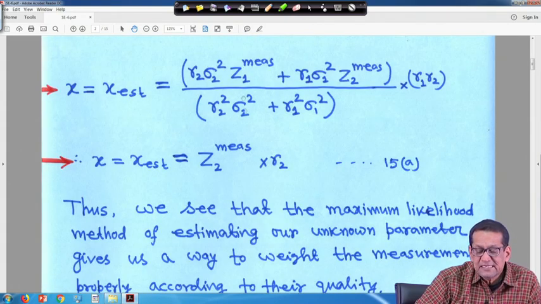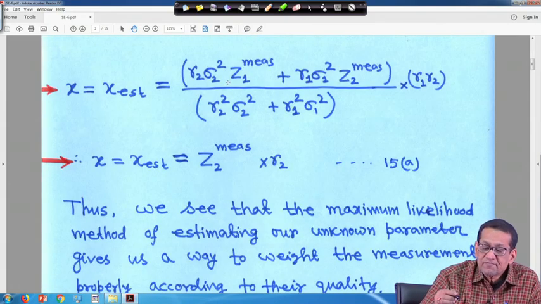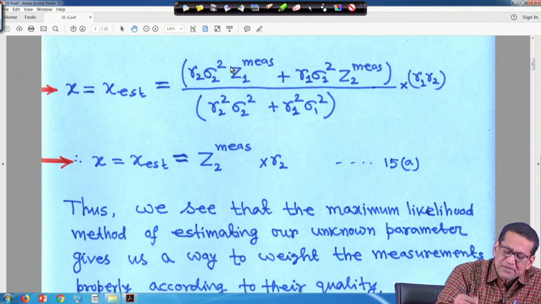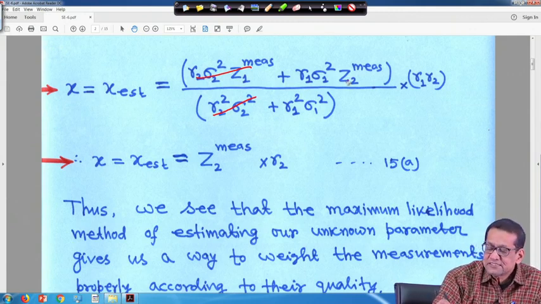So, if you neglect this term, just for our analysis, this term should not be there, then only this term should remain.